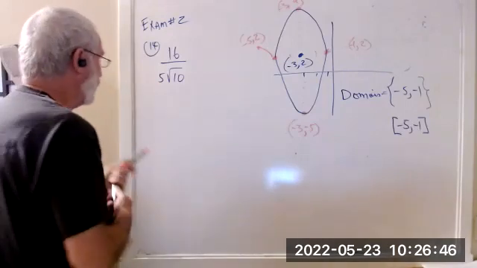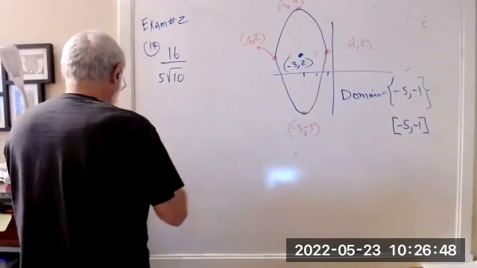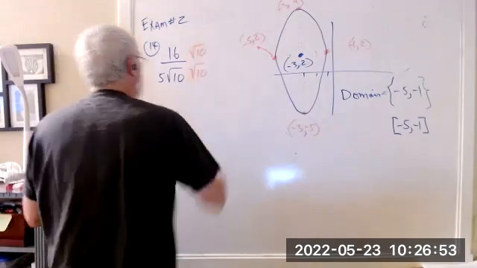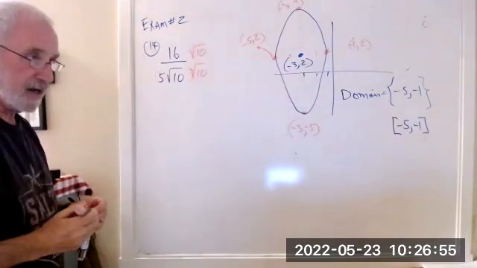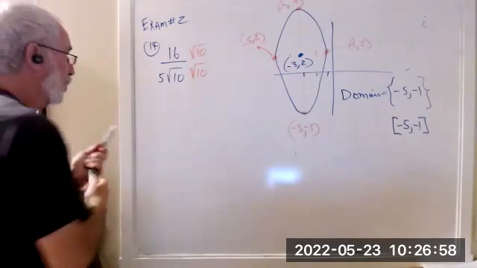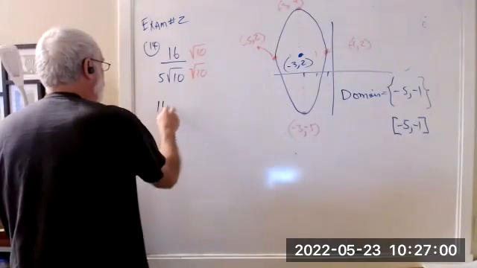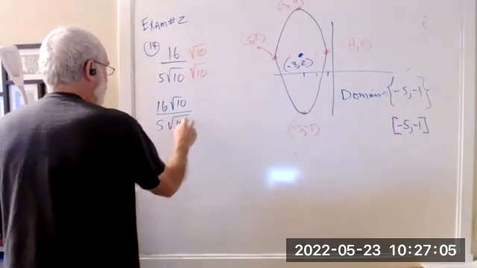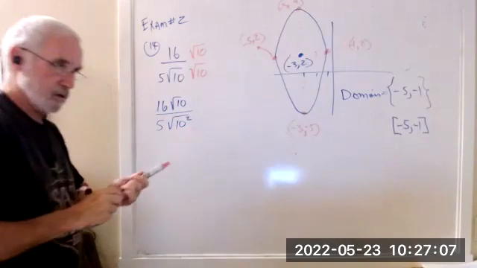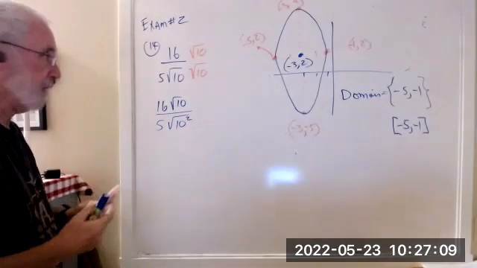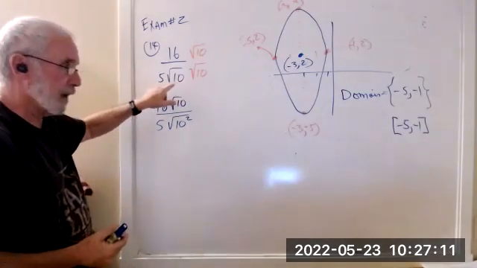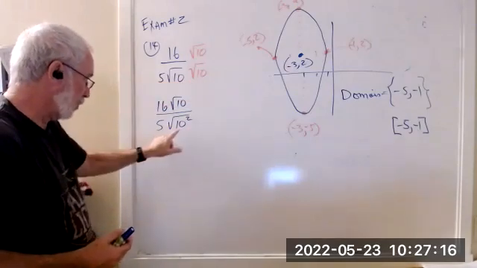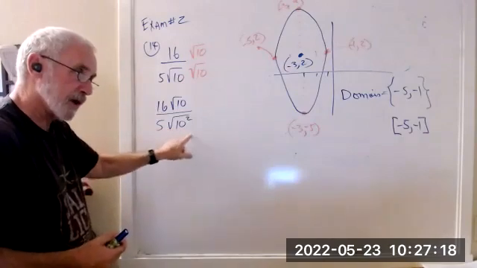Okay. So the way we did that is we multiplied top and bottom by the square root of 10. Now there's a shortcut that I'm not going to take. Because what happens here is we get 16 radical 10 over 5 radical 10 squared. Because when you multiply, you go outside, outside, inside, inside. So you get the square root of 10 squared. Well, what happens with the square root of 10 squared?